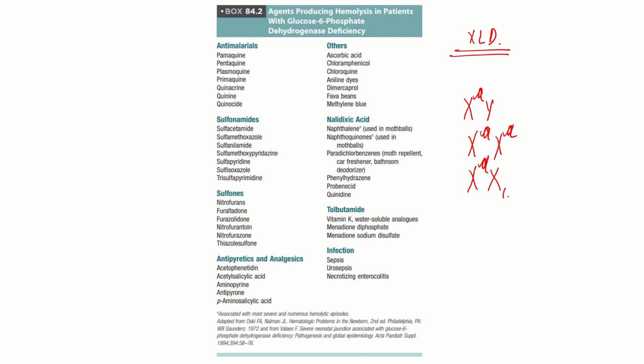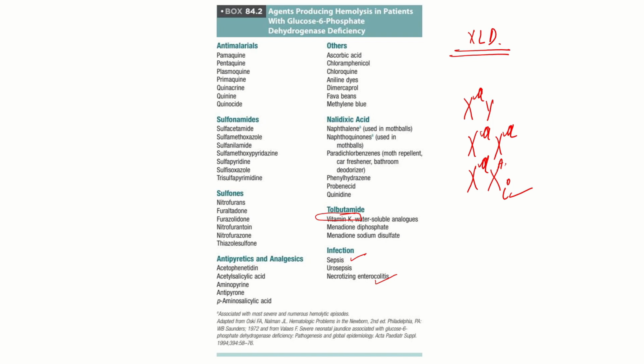Suppose the X was normal and it got inactivated, then they'll also be affected. We all know that G6PD protects the red cells from oxidative damage. In neonates, sepsis, necrotizing enterocolitis, or certain drugs, including vitamin K as well, can cause oxidative stress. And absence of a functional G6PD will lead to hemolysis and hyperbilirubinemia associated with anemia in these kids.